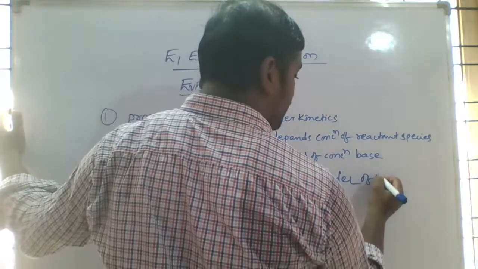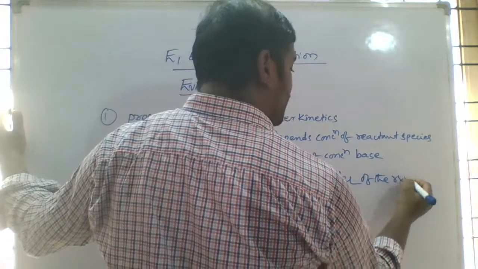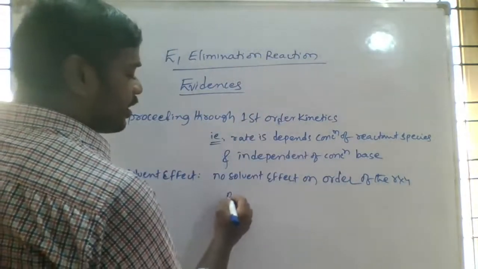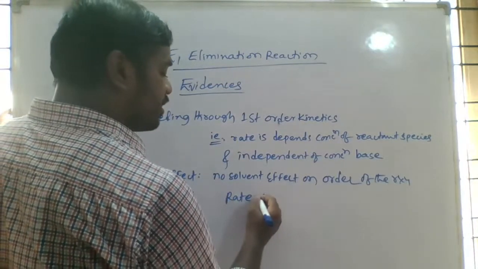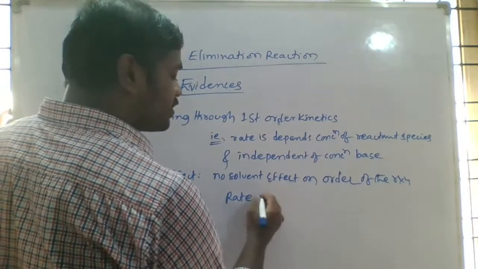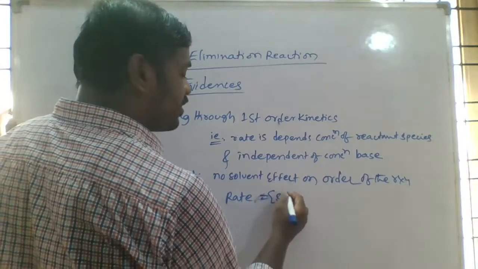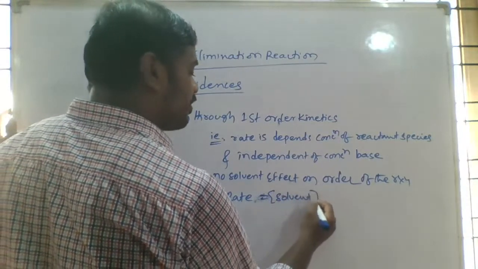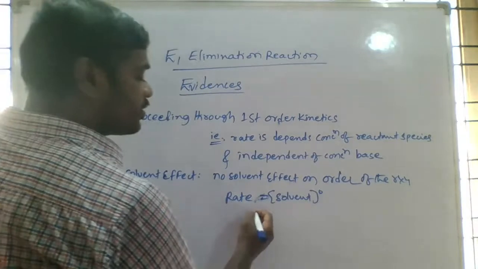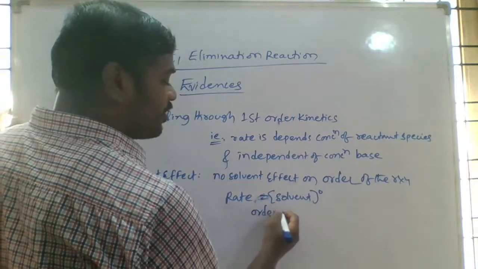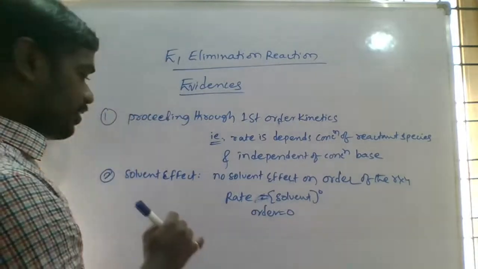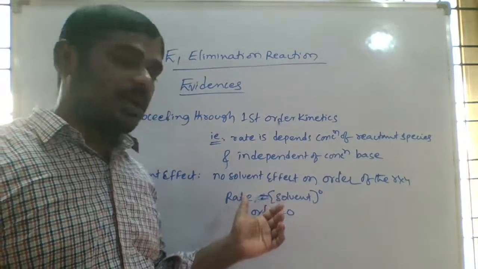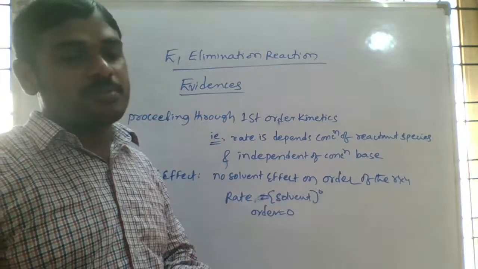The rate is equal to k times the concentration of the solvent to the power 0. Therefore the order with respect to the solvent is zero order, so the rate of reaction does not depend on the solvent. This is one of the evidences.